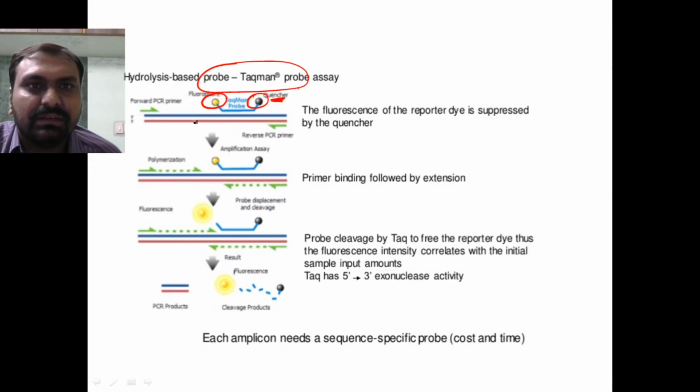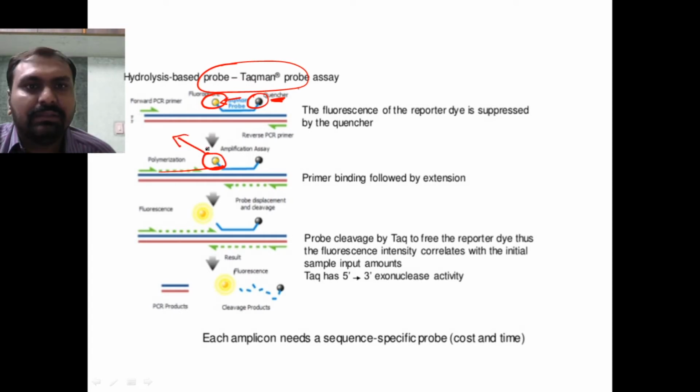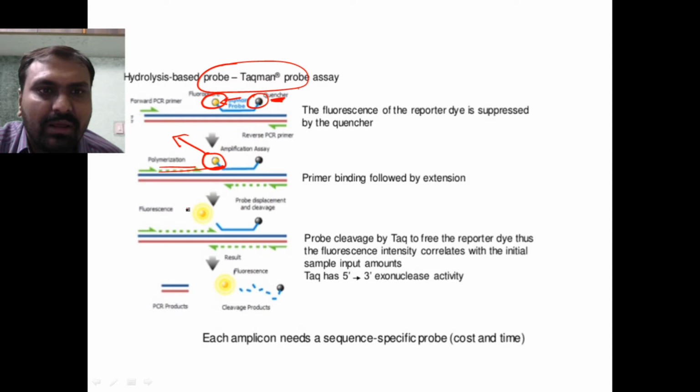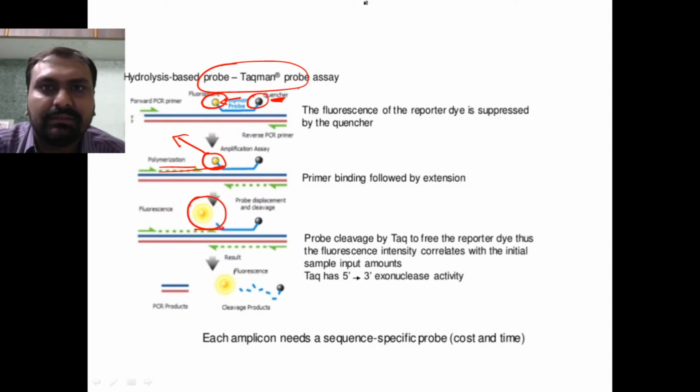It will not allow the fluorophore to fluoresce until amplification occurs. During amplification, the exonuclease activity will cut off the fluorophore, and fluorescence occurs. So more and more amplification, more and more fluorescence. That is called a TaqMan probe.